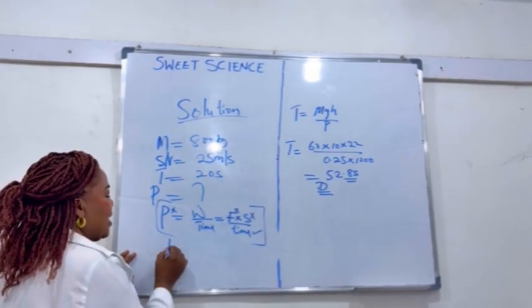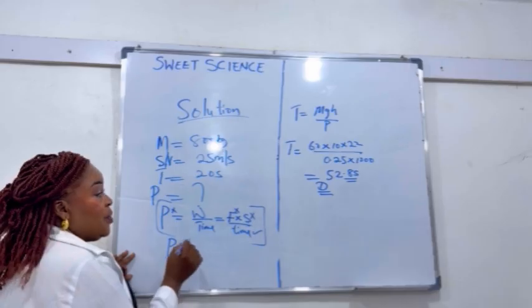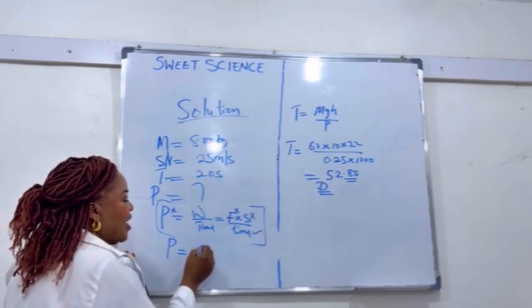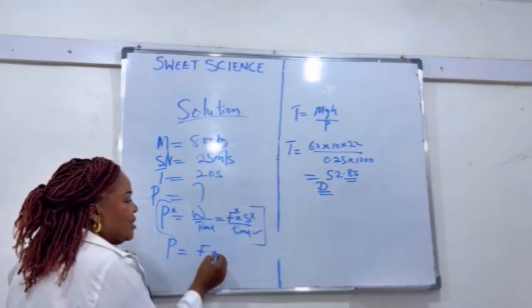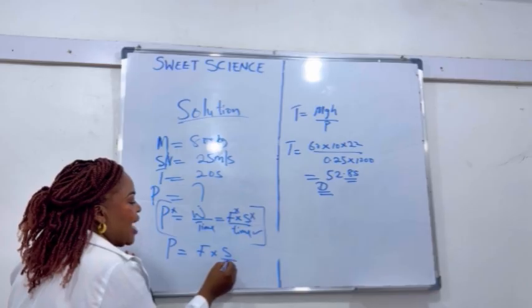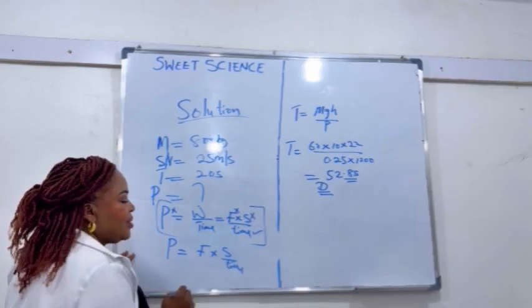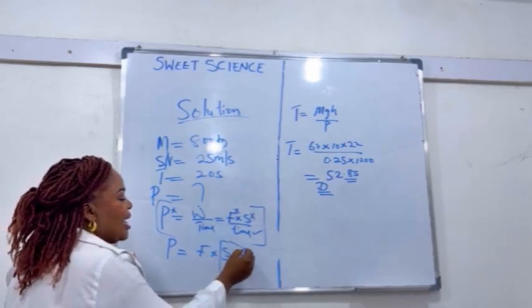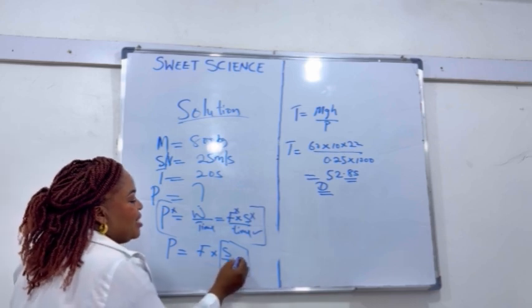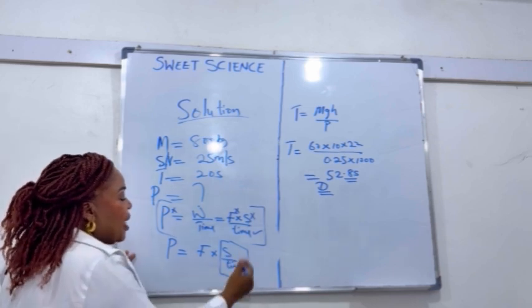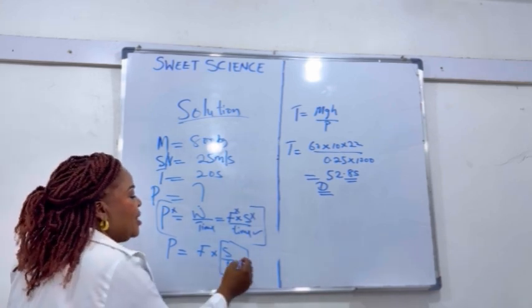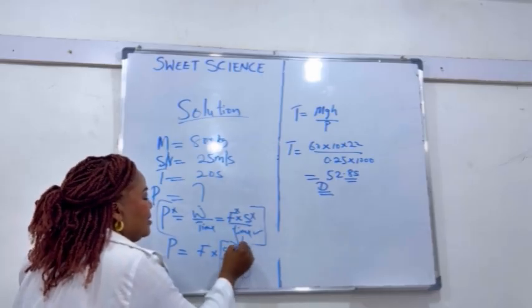We go further. We can say that P is equal to force times distance all over time. If we pull out distance all over time, this gives us velocity.